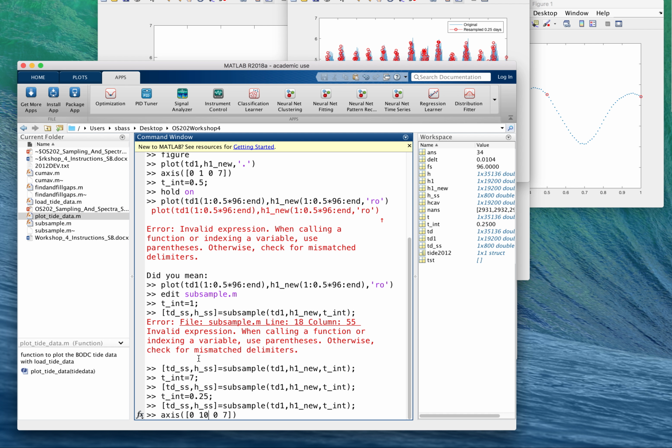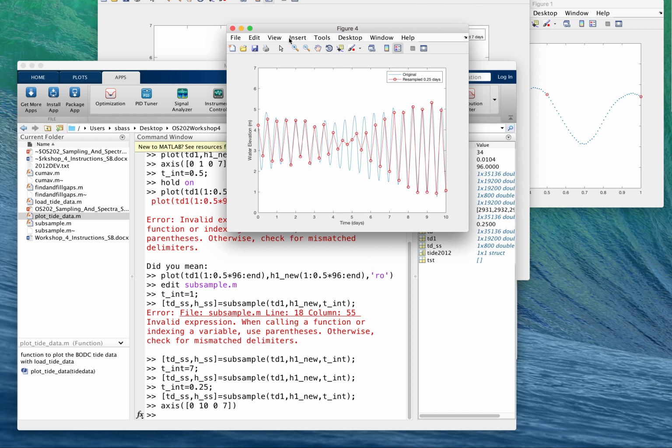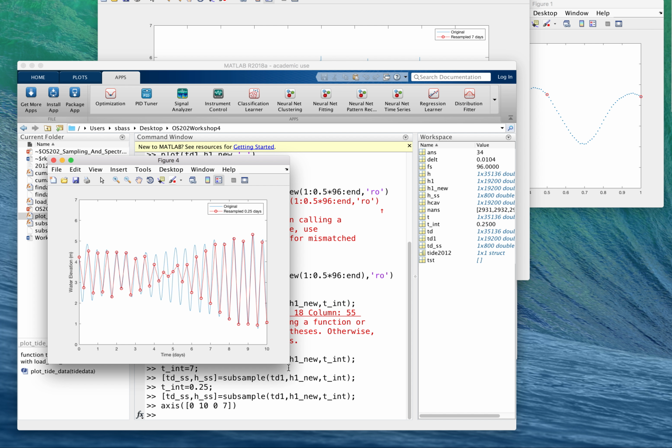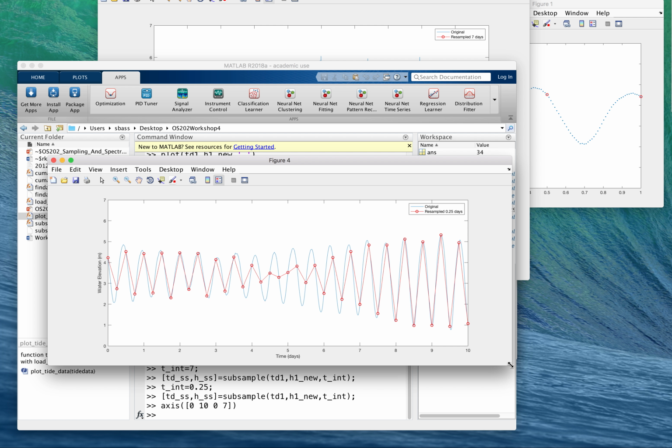Let's do 10 days. Okay, so at a quarter of a day, you can see that, so it's every 6 hours, it is starting to pick up, but that's kind of at the limit of the sample rate.